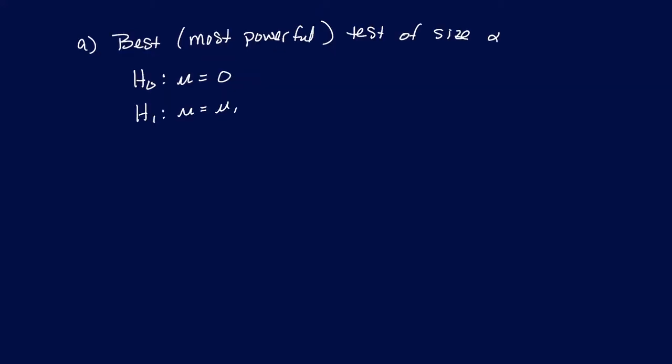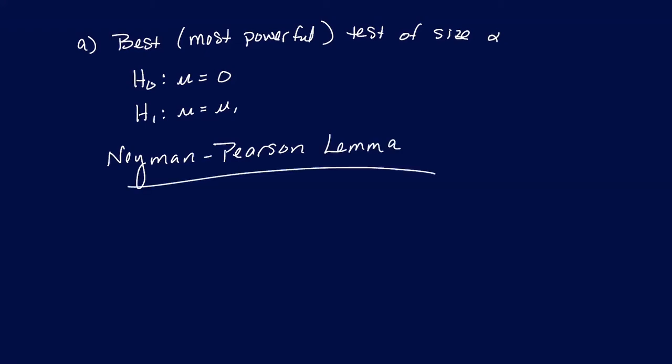To find the best or most powerful test in the simple versus simple case, we want to use the Neyman-Pearson lemma. Here we want to form a likelihood ratio. So we need the joint PDF for the three W's, and they are IID. They're clearly independent because W1 is x1 plus y1 and W2 is x2 plus y2, et cetera.